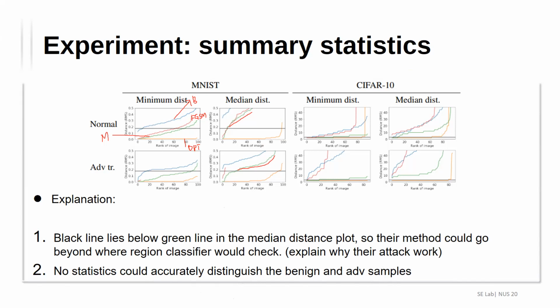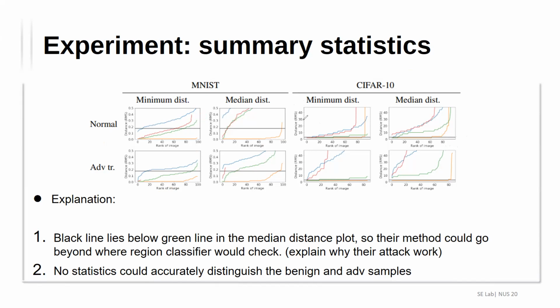Let me read it. The black line. I guess the y-axis is about the distance, and the x-axis is supposed to be the direction.